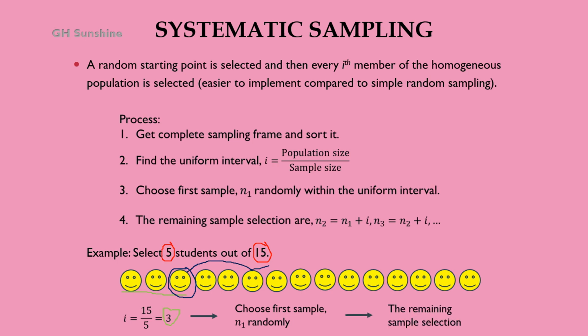Next plus 3. Next plus 3. And then the last one plus 3. So total samples are 1, 2, 3, 4, and 5. So 5 samples selected out of 15. So this one, systematic sampling technique, uniform interval.